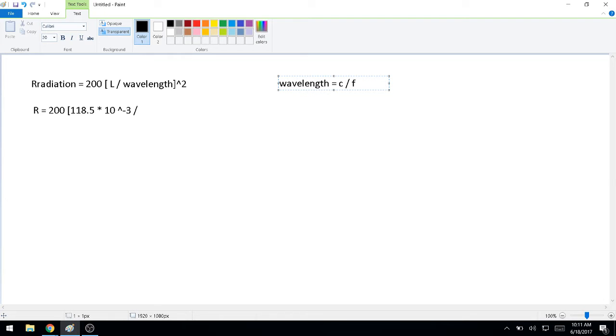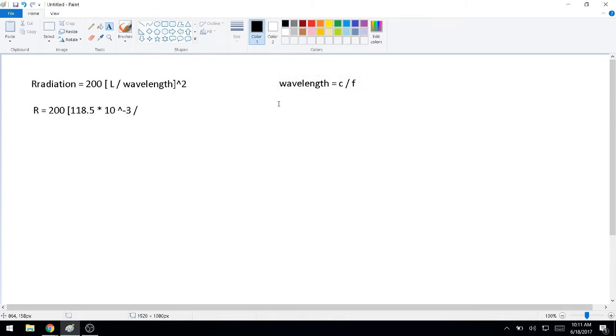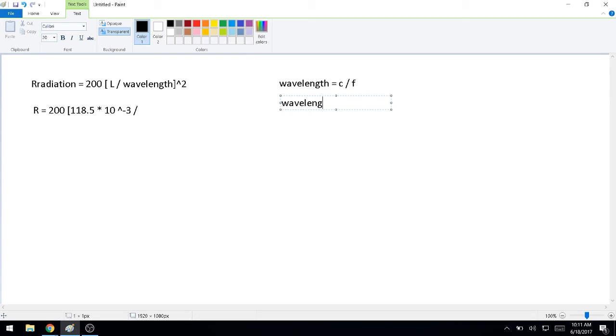And then at that point, we just do some substitution in, because we know our speed of light is a constant. So C divided by our frequency, which was 1900 megahertz.